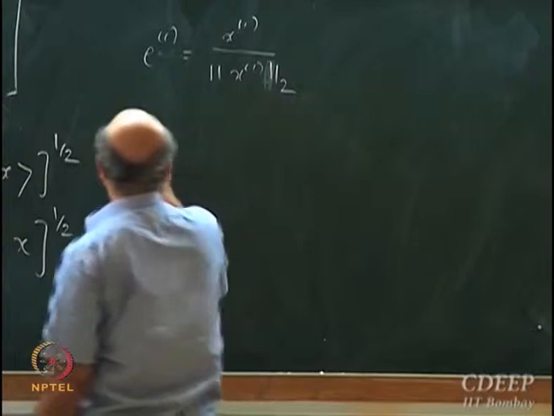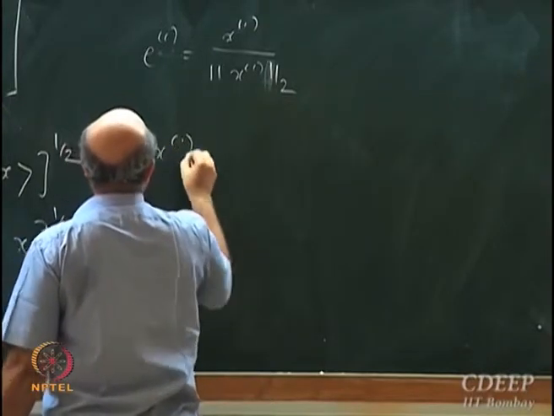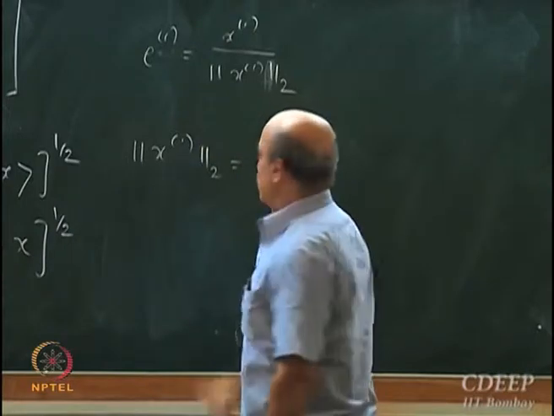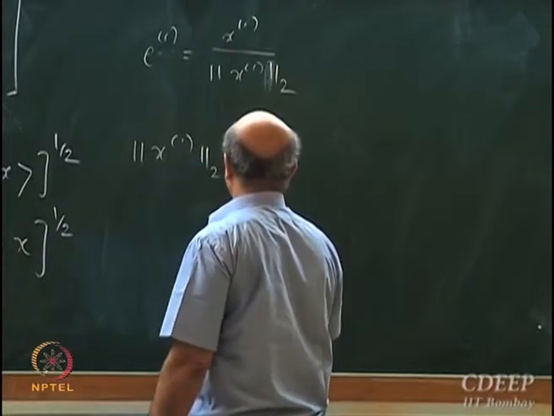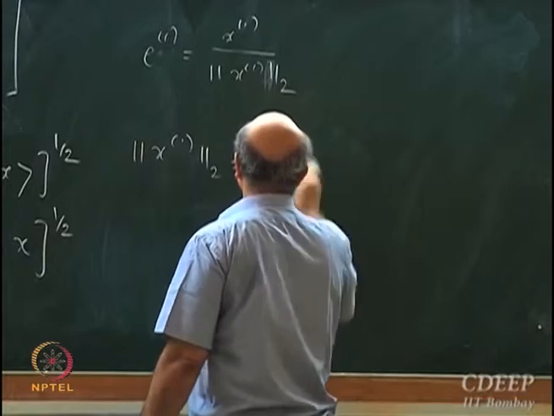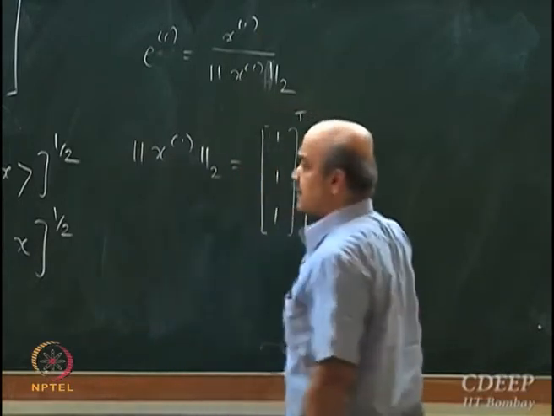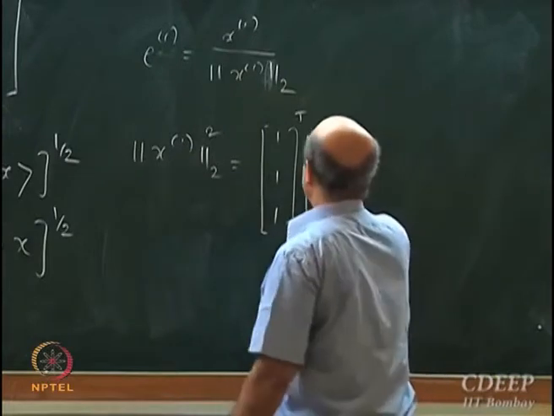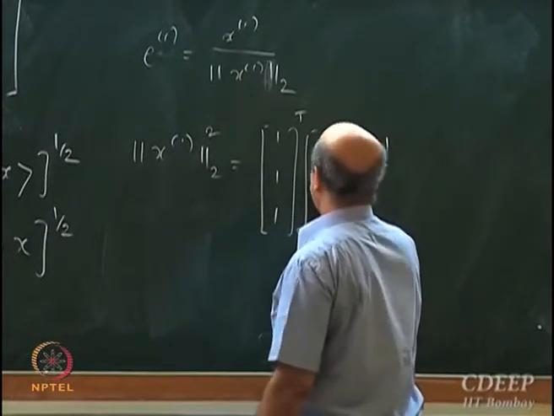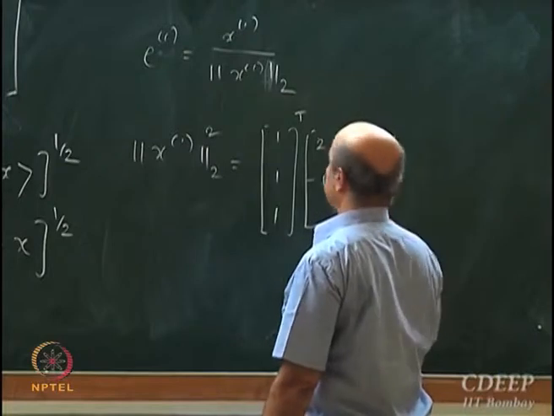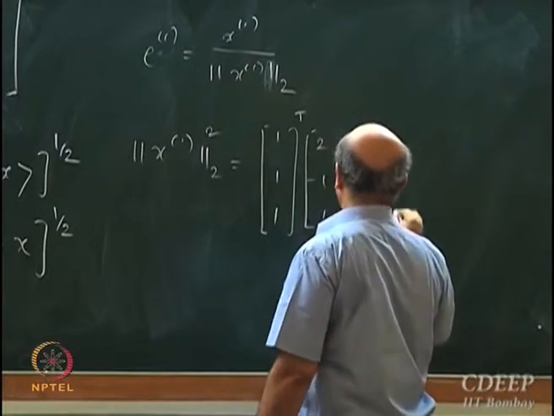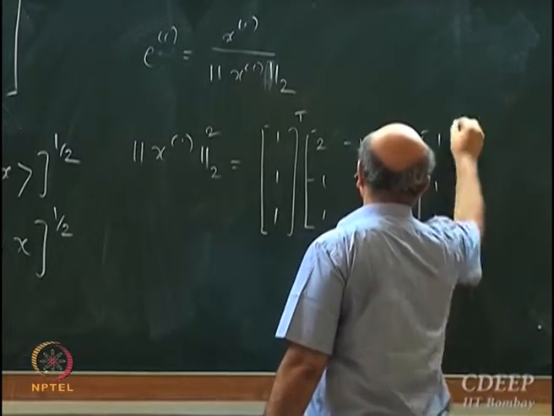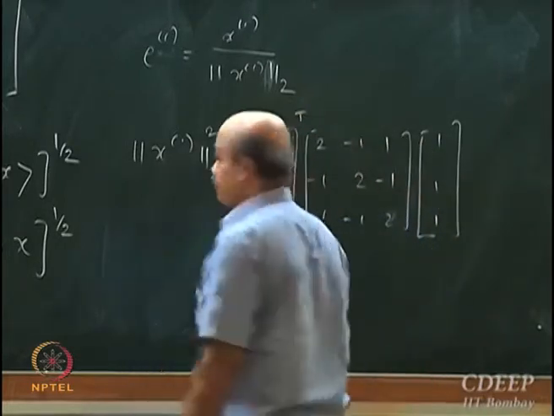What is norm x1? So you have to work with 1 1 1 transpose this matrix. So norm x1 square is 2 minus 1 1, minus 1 2 1, minus 1 1 minus 1 2, into 1 1 1. So what is this quantity?